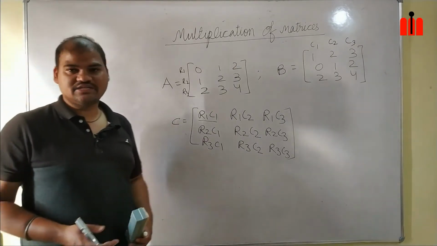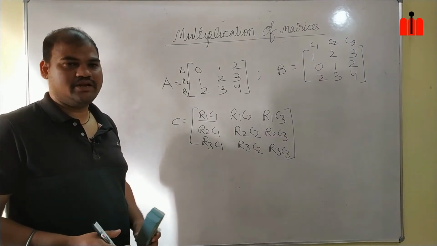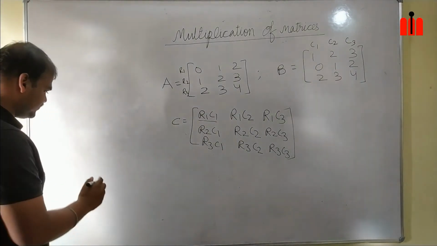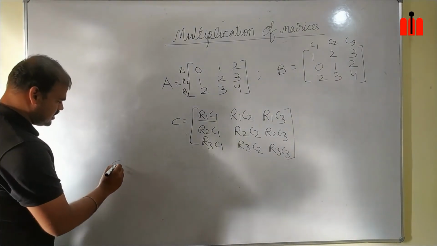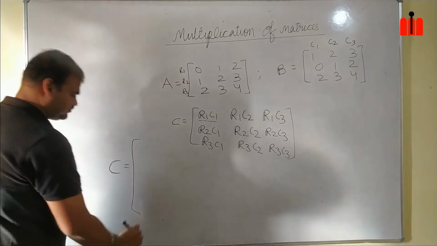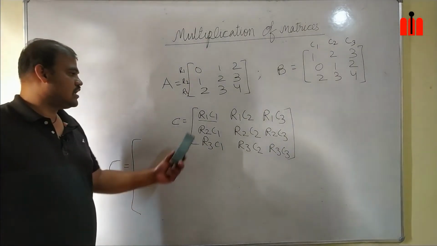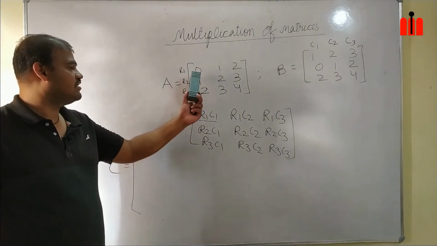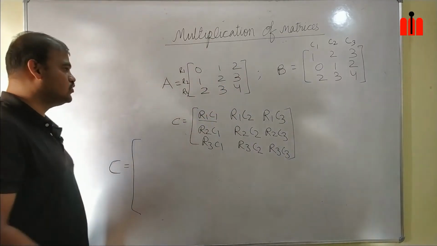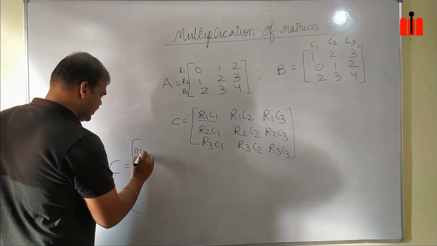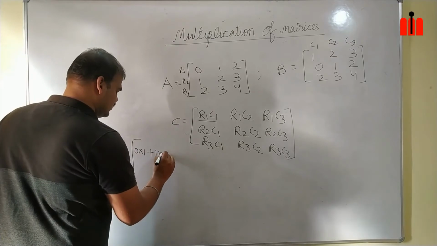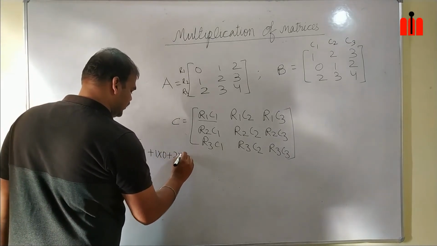Okay, now let's perform multiplication of these two matrices. So your C matrix, I will denote it by C. It will be R1 C1. R1 is 0 1 2. You multiplied with C1, which is 1 0 2. So 0 into 1 plus 1 into 0 plus 2 into 2.